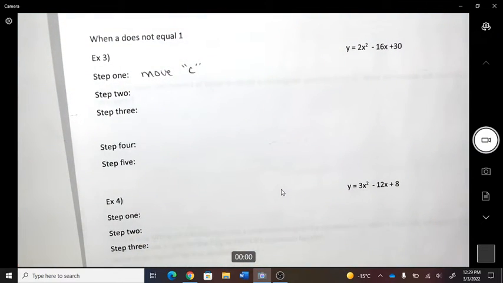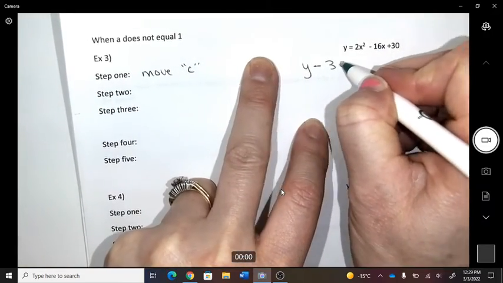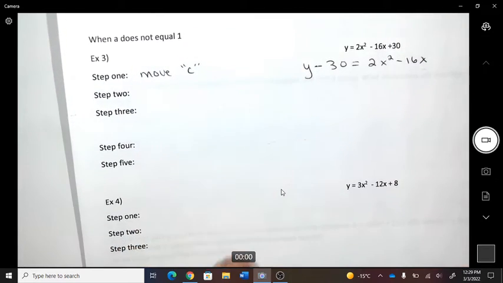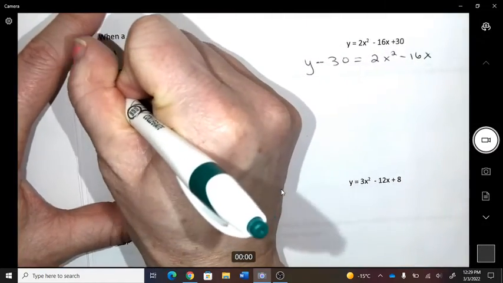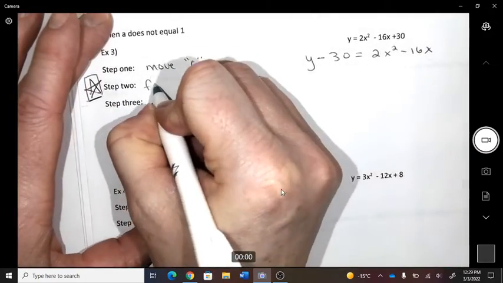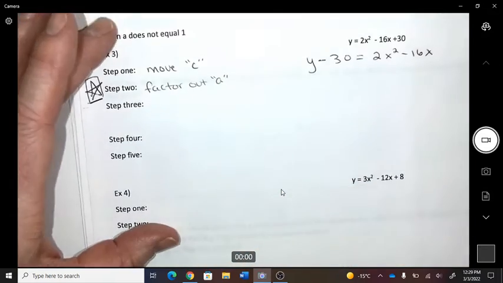So move the C. Okay, step 2 is where everything changes. You half, remember to do this here. Okay, step 2 is to factor out your A.